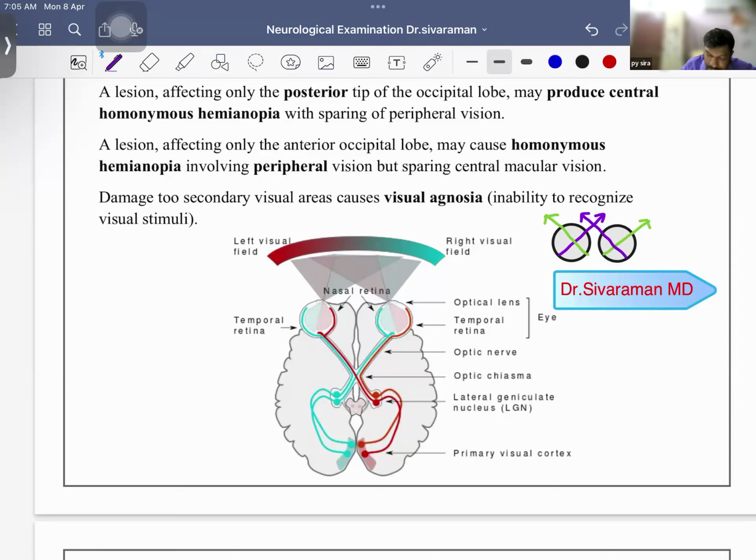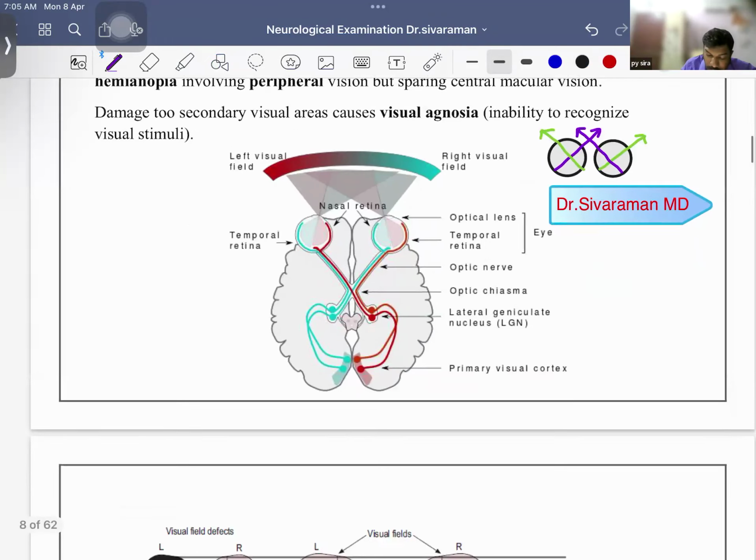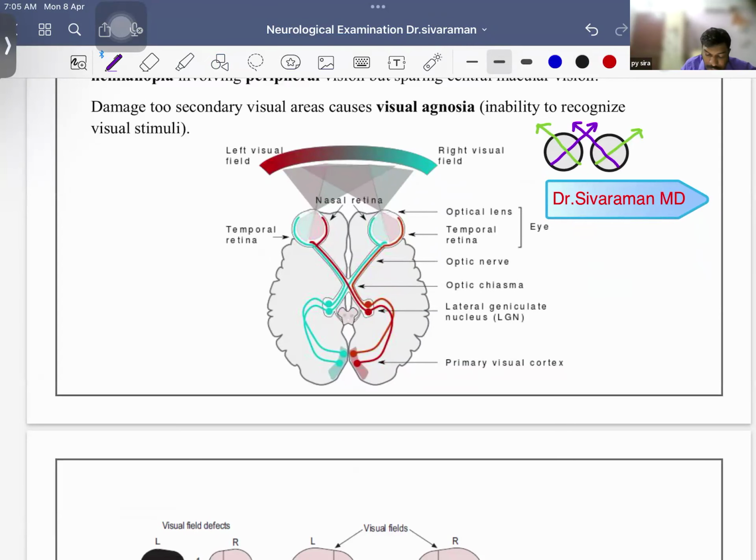Now what happens is, whenever these fibers go like this, these fibers cross like this, and these fibers go uncrossed like this.